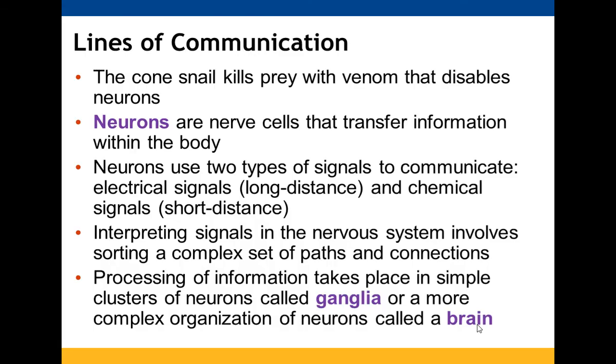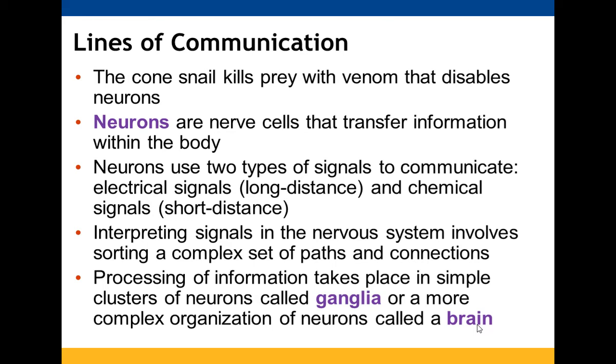So that picture you saw on the first slide was showing you a cone snail. They are able to kill their prey using venom that disables neurons. Neurons are your nerve cells that are able to move information throughout your body. Two types of signals that neurons use for communication: electrical signals, which are long distance, and then chemical signals, which are short distance.